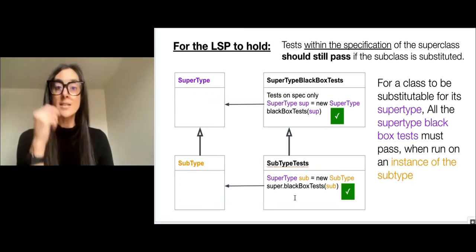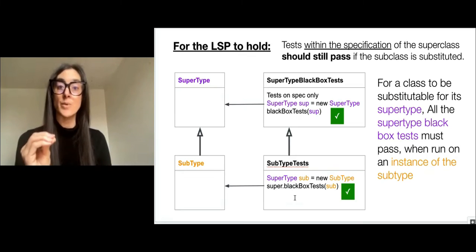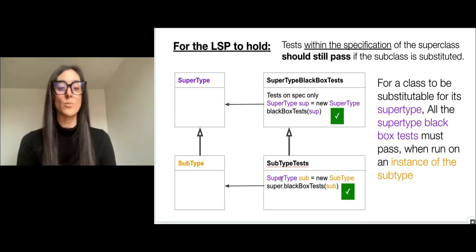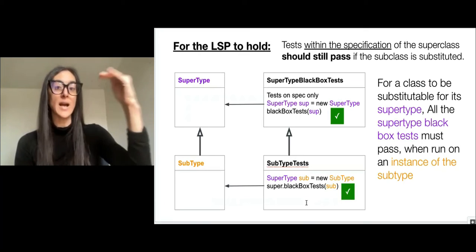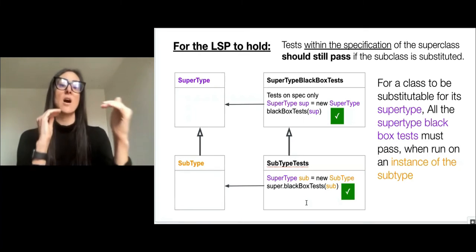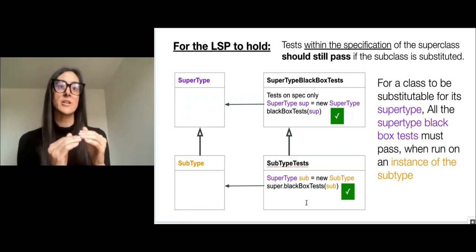When we're trying to see if our subtype is substitutable, instead we declare the supertype, we instantiate it as a subtype, and then we run the super's black box tests using the subtype, and those should all pass again. So the supertype's black box tests have to pass on the subtype. Everybody clear? Everybody with me?